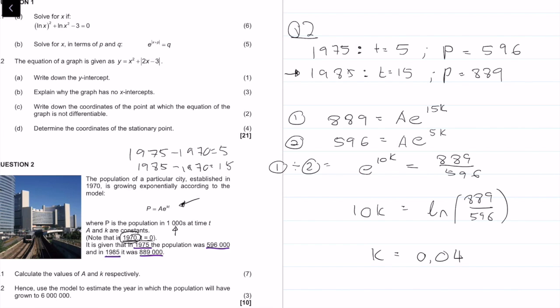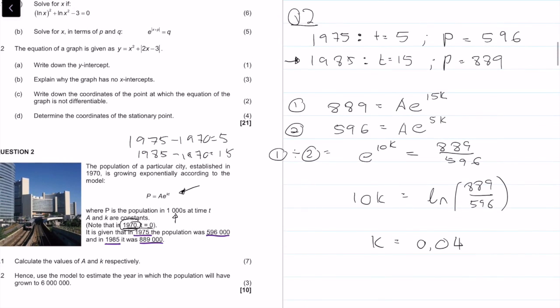That is the value of k. Now that we have k, we can pick one of the equations. Let's pick equation 1 and substitute k in. So 889 equals A e to the 15 times 0,04, and we solve for A, and A is equal to 488. There are our two solutions.